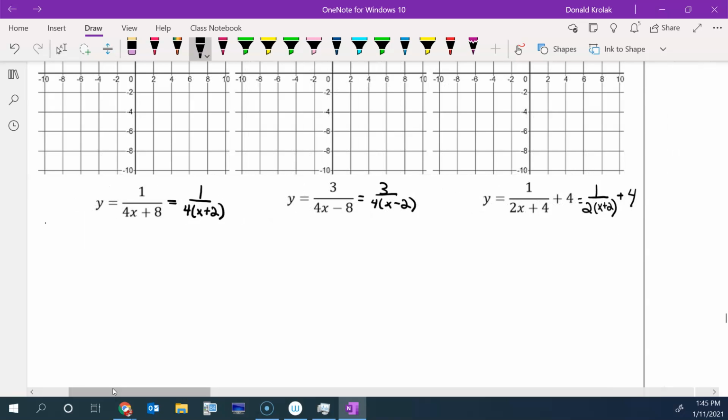Right? A's 1, 3. So that's a vertical stretch. So y times 3, and here we got A is 1, and we like that because it doesn't do anything.